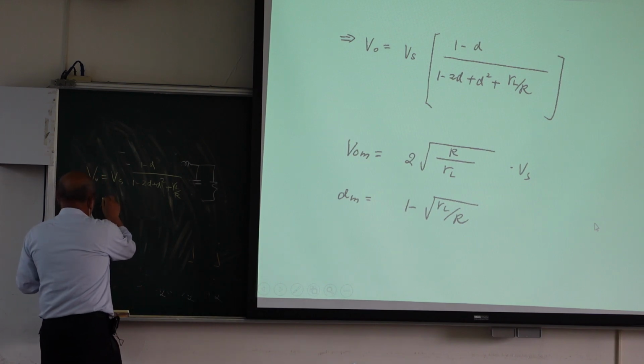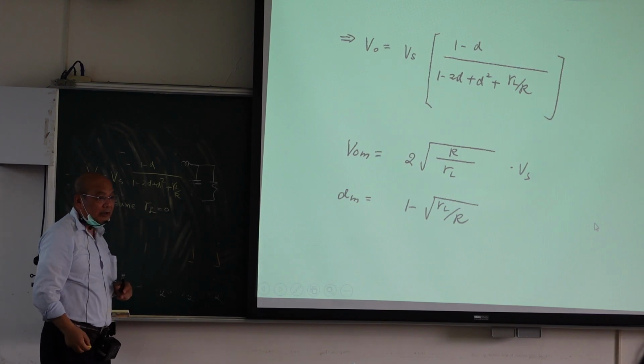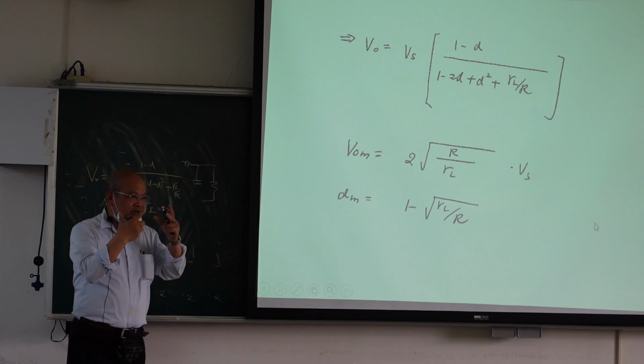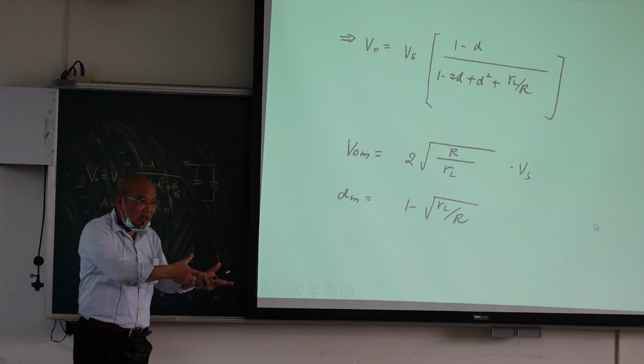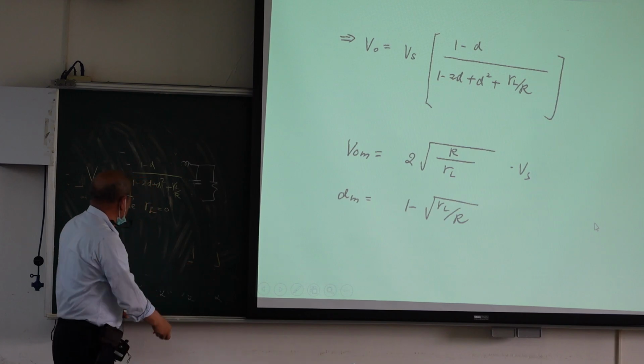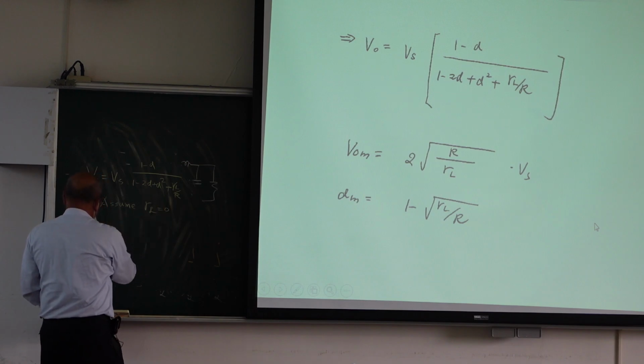You can say it is quite simple. We can assume a desired case, RL equal to 0, right? In this case, we have to go back to the original one. So if RL is 0, then this is 0. We remove this one.